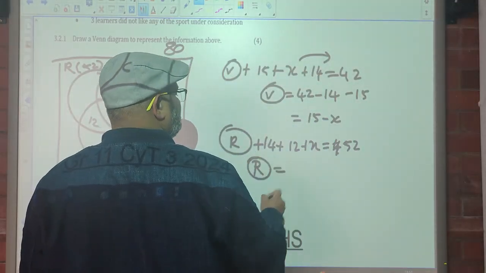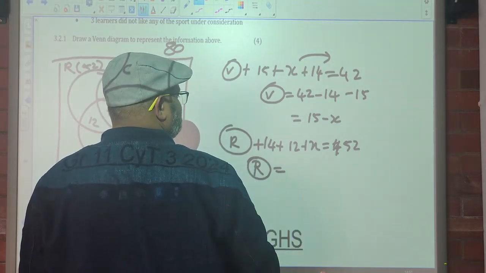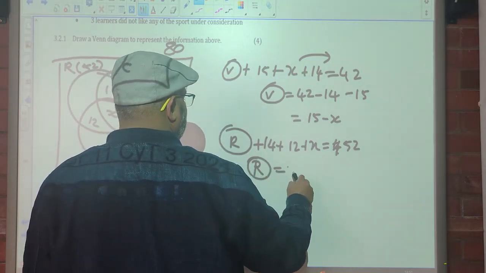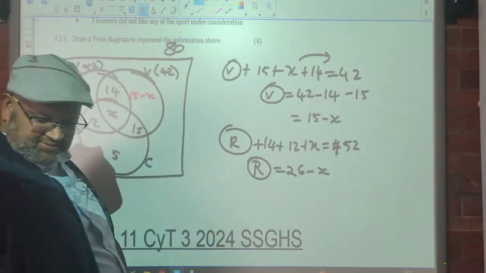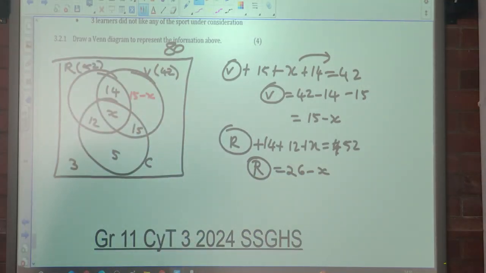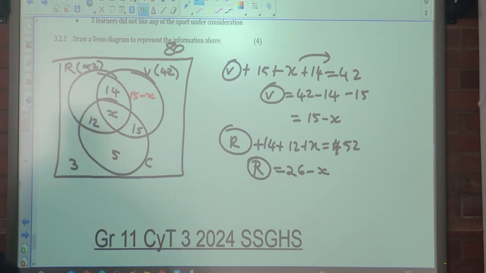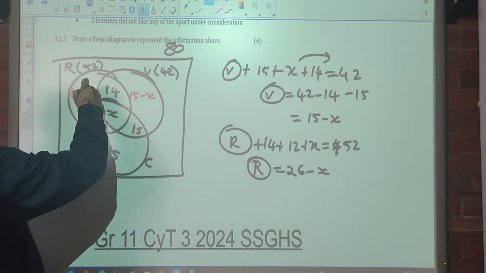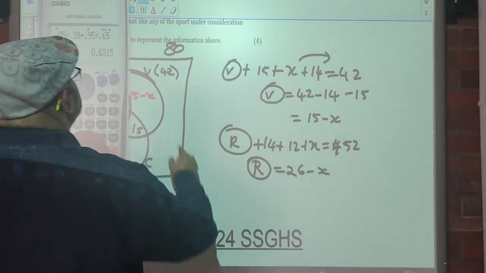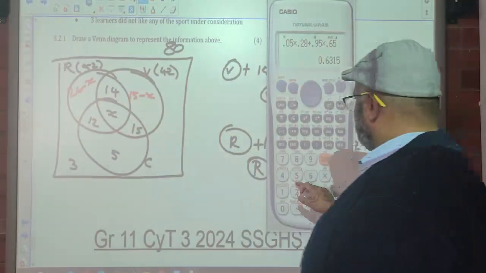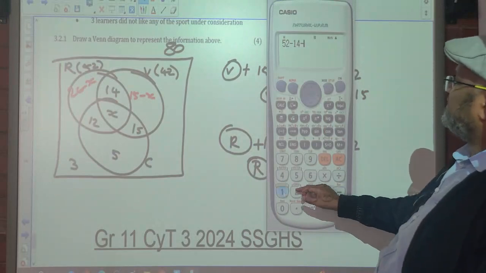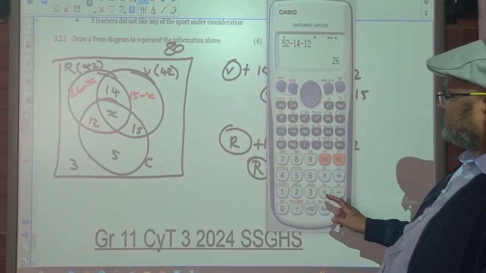Rugby only would be 52 minus 14 minus 12, which is 26 minus x. That's correct.